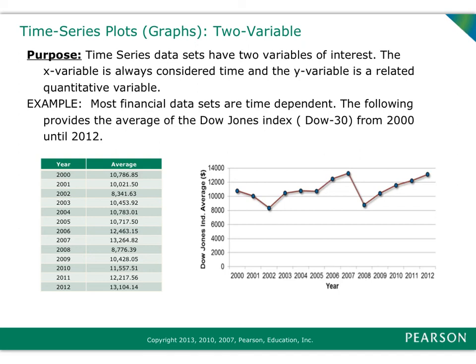And you can see the trends of the ups and downs of the Dow Jones over time, and you recognize the pattern here where we had the major recession in 2007 and 2008.